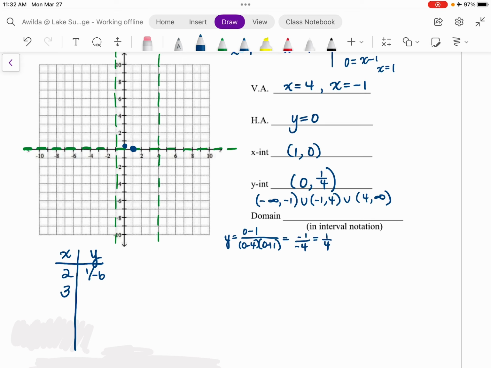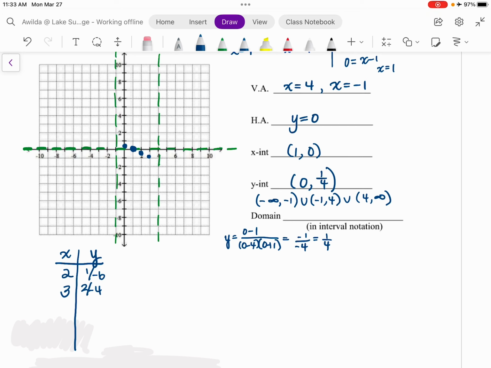So 2, -1/6 would be right about there. When x is 3, the numerator is 3 minus 1, or 2. In the denominator, we have 3 squared, which is 9. 9 minus 3 times 3, so that's 9 minus 9, which is 0. So we just get -4. So we get -1/2. So 3, -1/2.